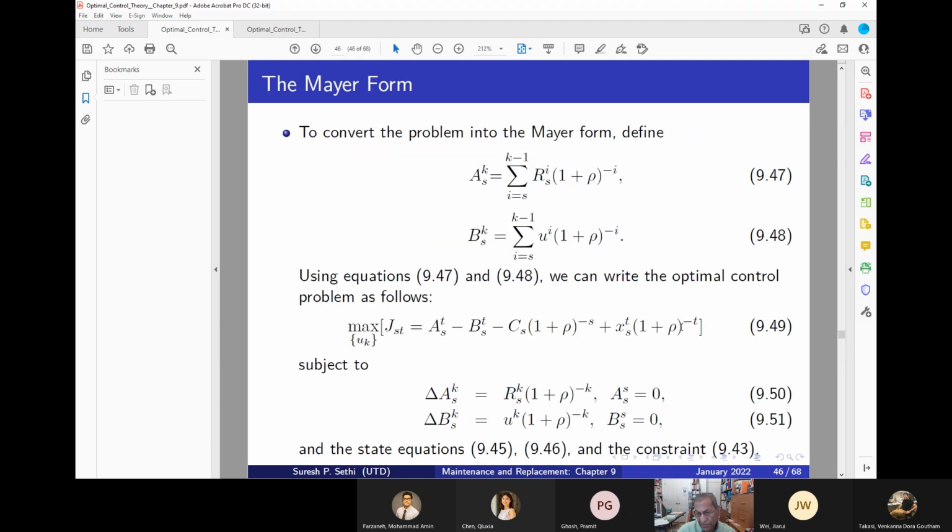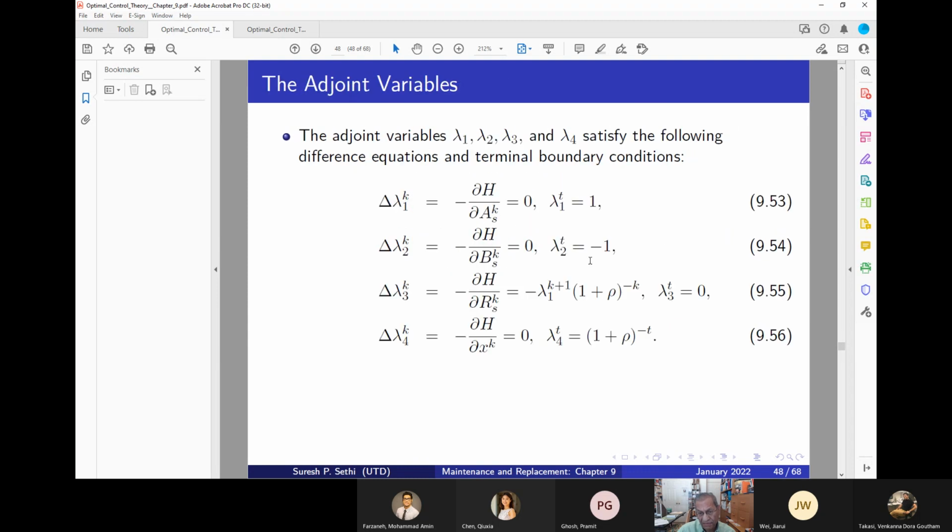So we take the derivative of these guys, and we finally have these conditions. That means it's constant because it's 0, and so this is equal to 1 all the way. This is equal to minus 1 all the way. This you can integrate easily, and this you can also. Lambda 4T is this, but it's 0, so it is this. It is also the same.